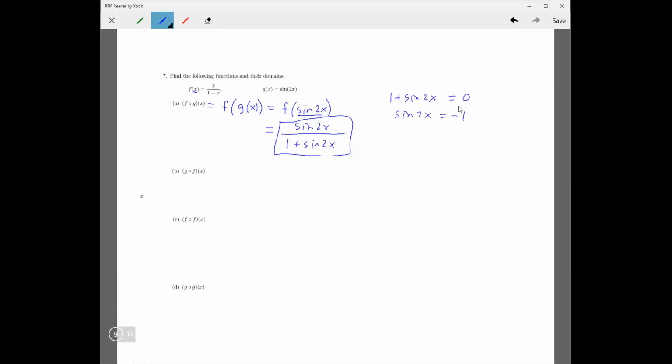Now, it would be really nice if this were greater than 1 or less than -1, in which case sine is always between -1 and 1, so it can't happen. But sine does equal -1 every once in a while. Okay, so let's say this is the graph of y equals sine x.